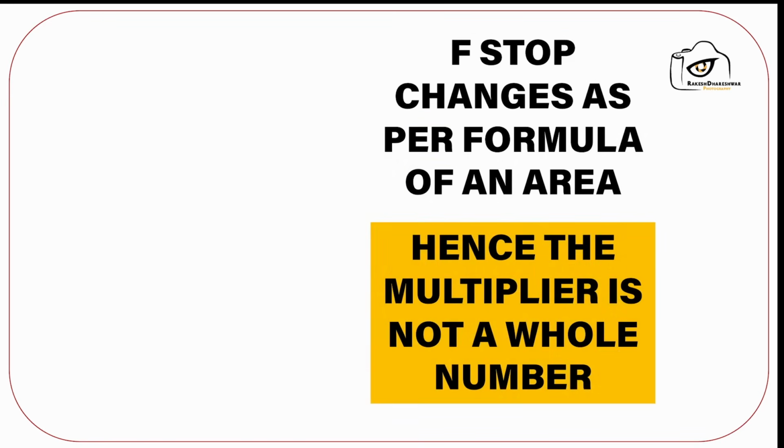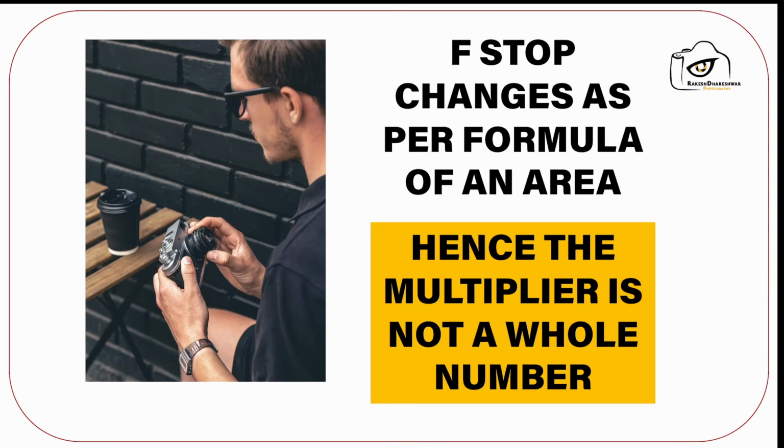So the next time someone asks you, why are aperture numbers not linear? You can say because light is measured by area, and area of a circle grows by a square. So every stop changes by square root of 2, not by simple whole numbers. Simple, scientific, and just confusing enough to make photographers look intelligent at coffee shops.